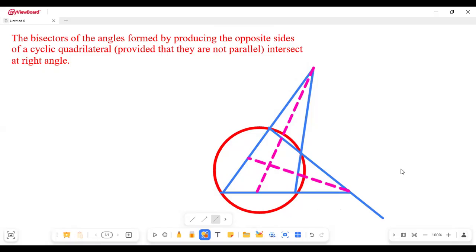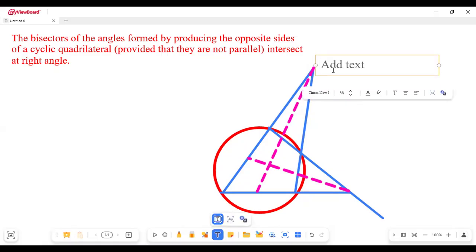Now we are marking them. We are giving names to them so that we can easily understand what we are trying to solve here.